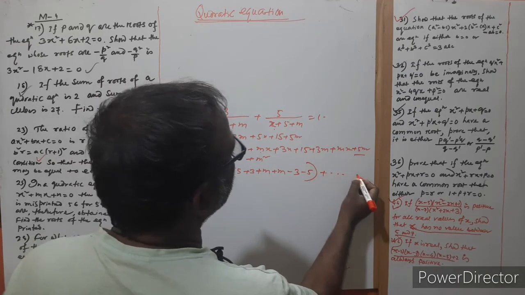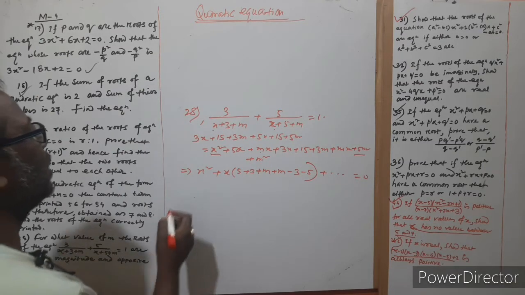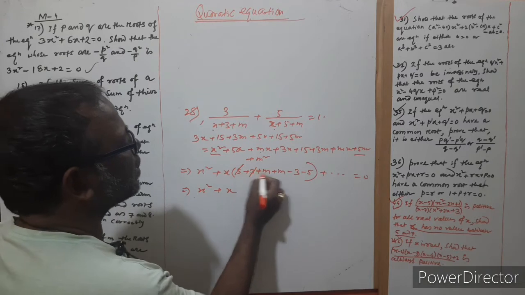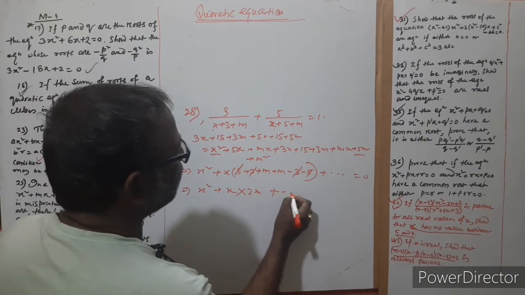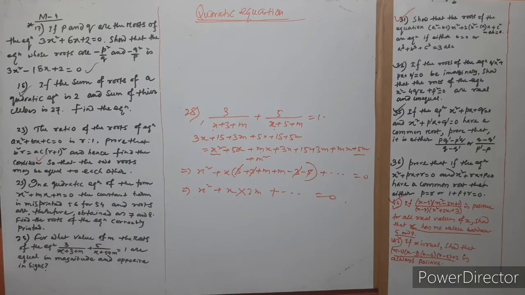Not needed to write the other values there actually. And now x square plus x, and this 5 and 3 cancel, that is we have twice m, and this is equal to 0. For this question the roots are equal in magnitude but opposite in sign according to the statement.